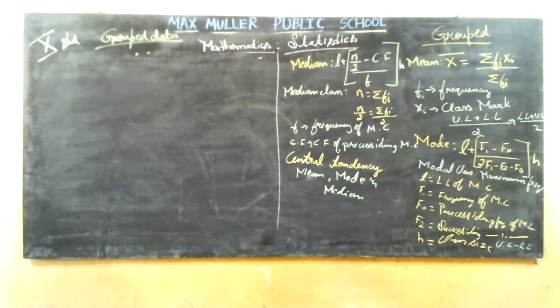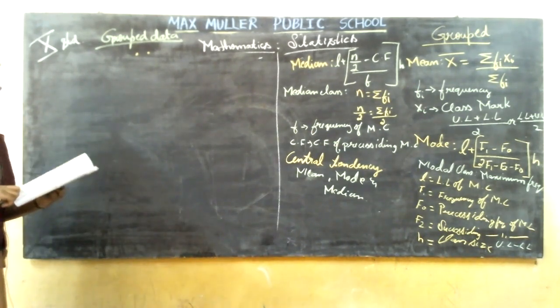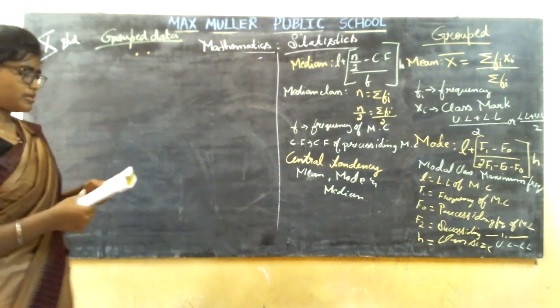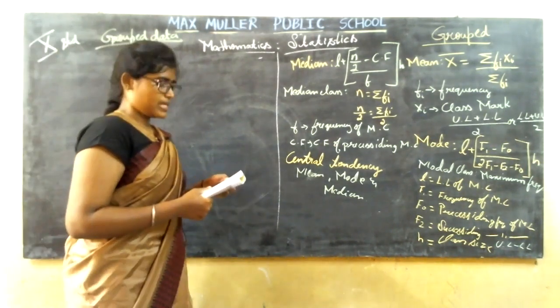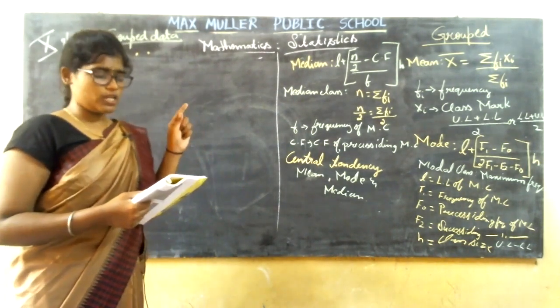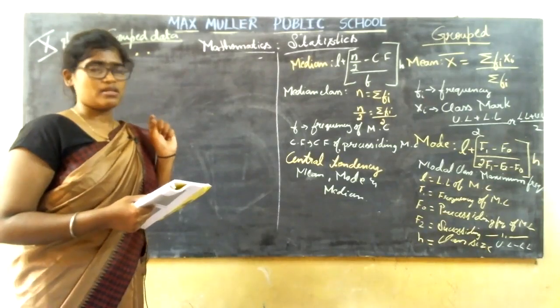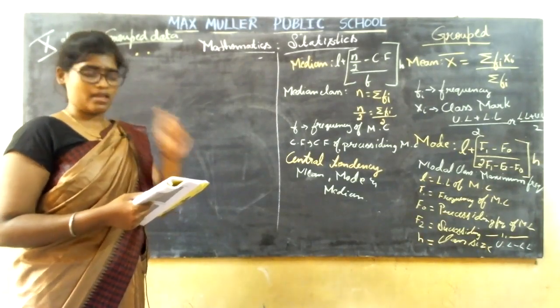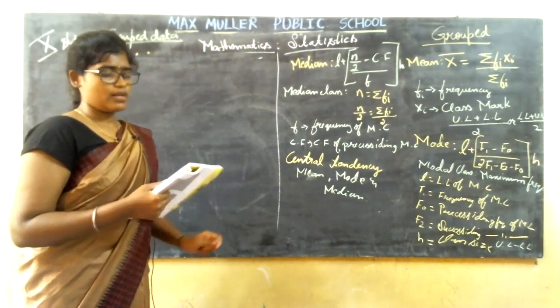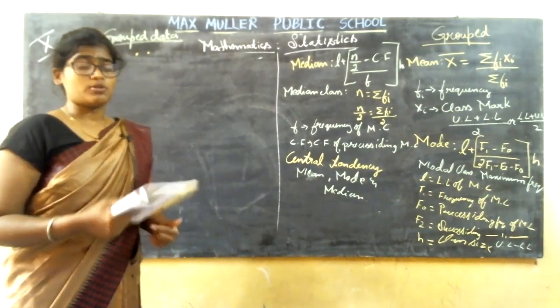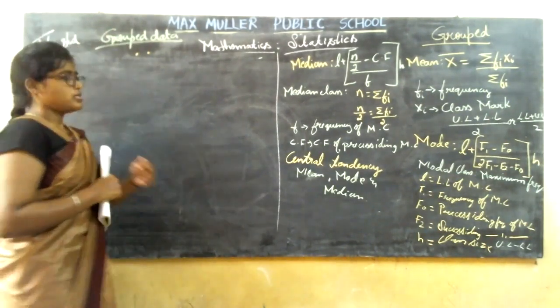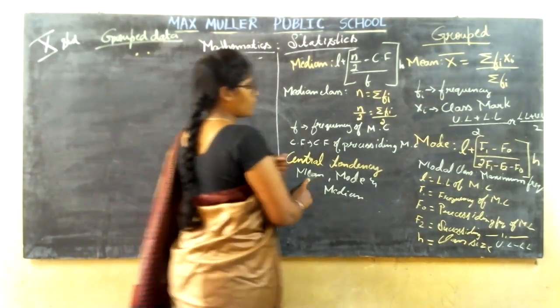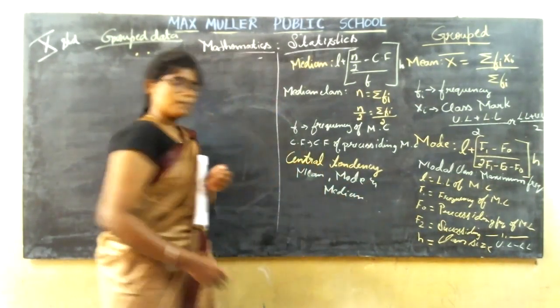They have consumed electricity. How many customers are there in the locality? 68 customers. They have given you find mean, mode, and median. I'll take it as central tendency. Find the central tendency for the given data and compare them. So what does central tendency mean? It means you are going to find mean, mode, and median.